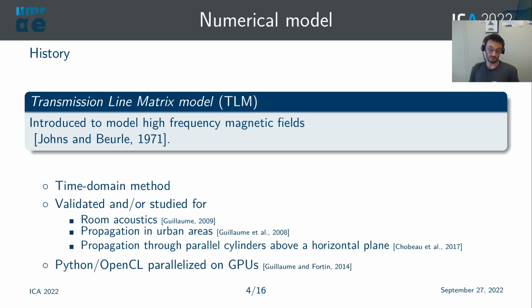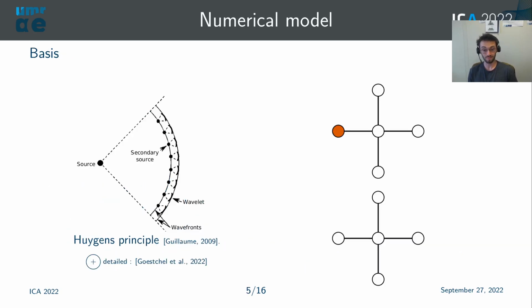The advantage of this method is that it's already developed in the lab and parallelized on GPUs thanks to a Python OpenCL framework. Then the good part is that it's also simple to understand, because it's based on the Huygens principle and the wavelet decomposition within it.